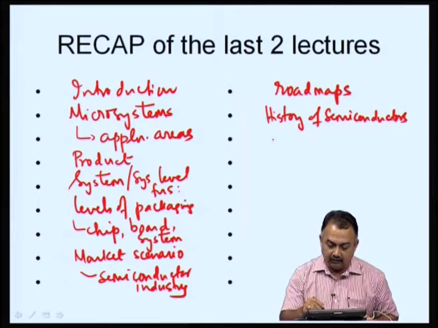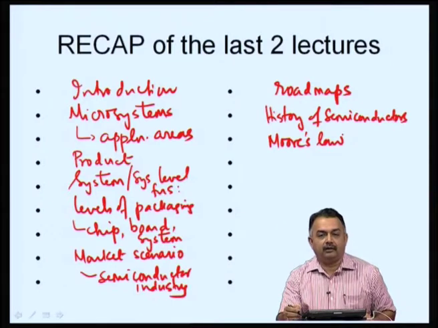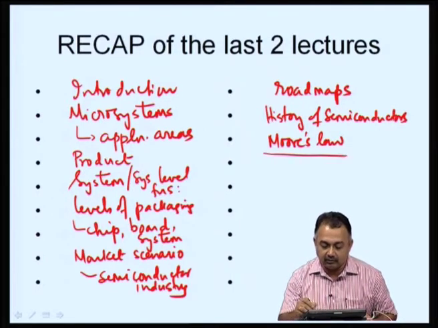We have also seen a very important factor that dictates the roadmap, that also influences the growth of industries, and that is known as Moore's law.